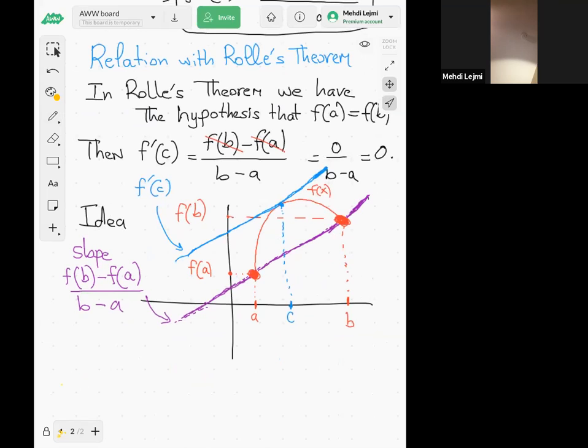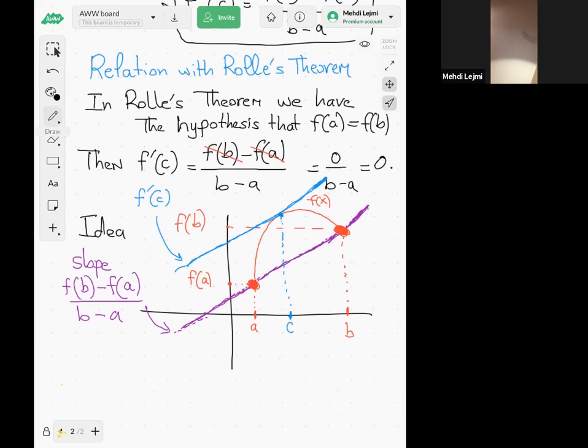So the 2 lines have the same slope. All right, so that's the mean value theorem.